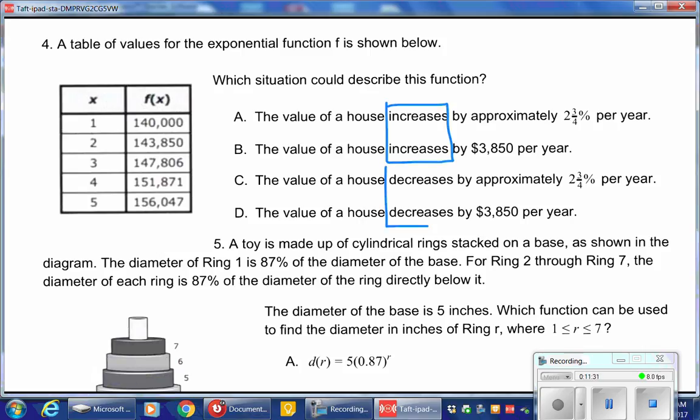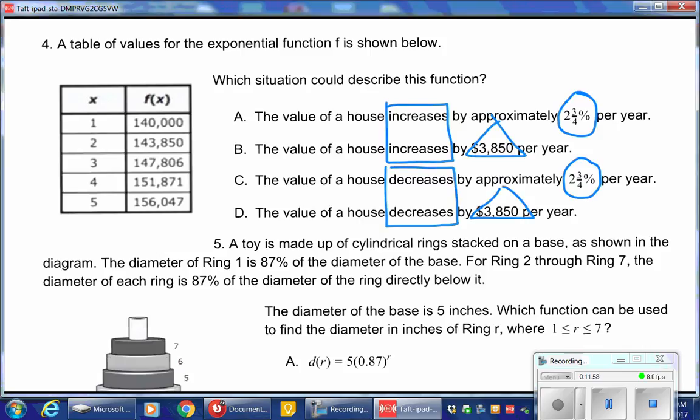C and D both have the words decreases. And we have 2 3/4% per year, and then by $3,850 per year. And then again the 2 3/4% and again the $3,850 per year.